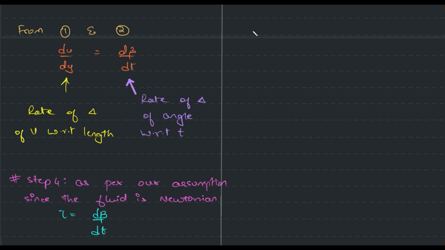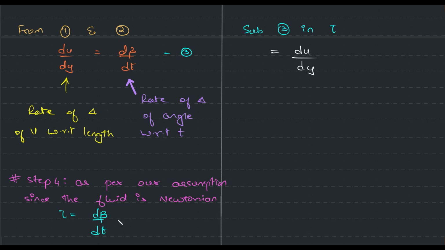So from here, what can we do? We can call this 3, substituting 3 here we have du by dy.